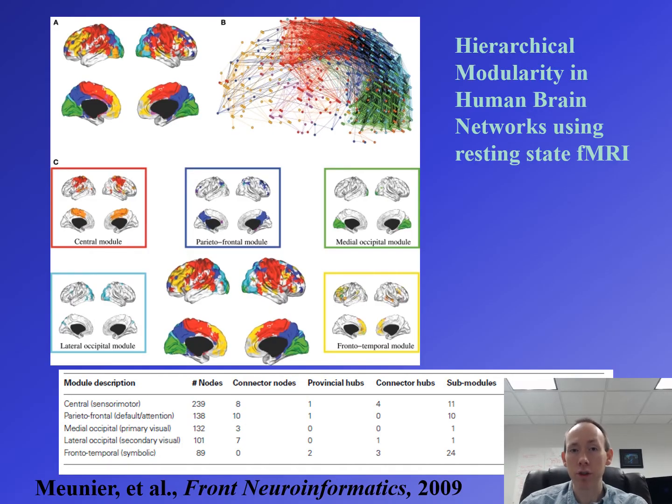We can also look at networks functionally. This is an analysis looking at resting state functional MRI. I'll talk about that a little bit more. We were showing previously all the structural components of the brain: gray matter thickness and volume, white matter.